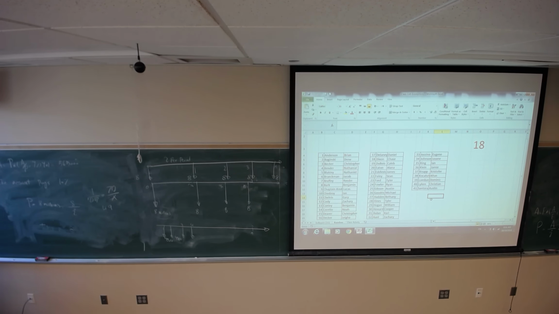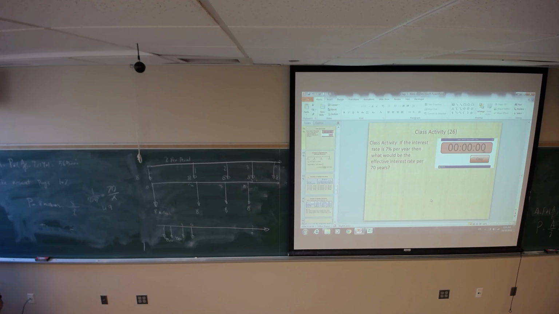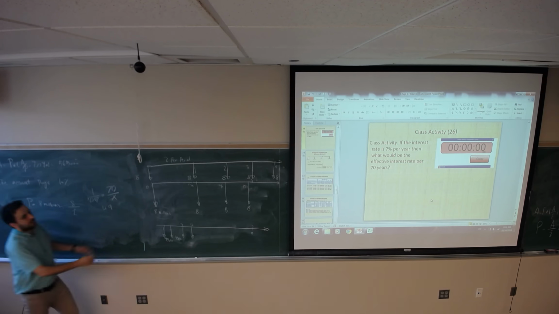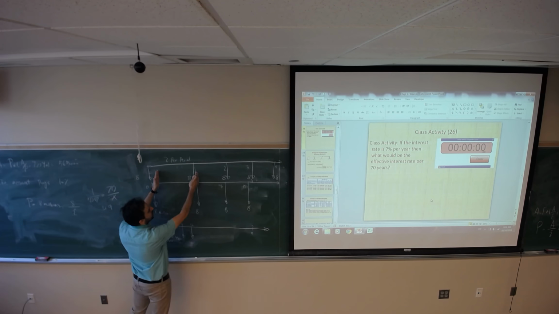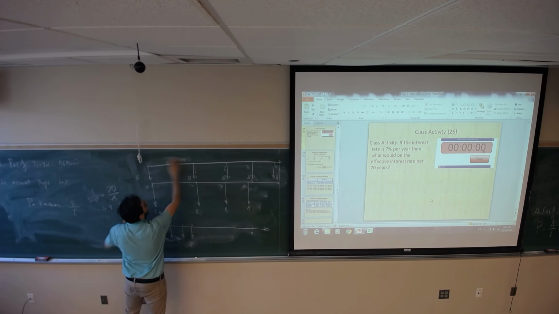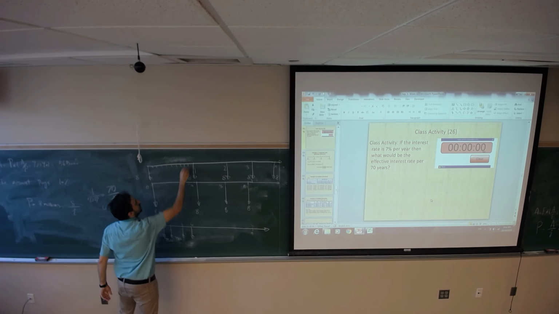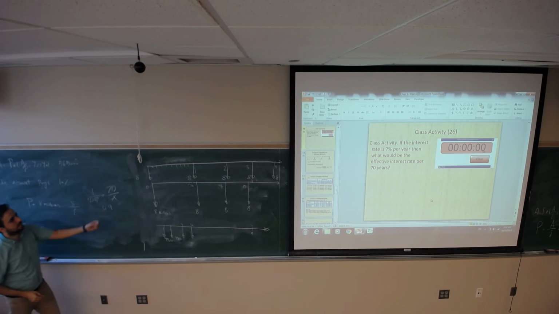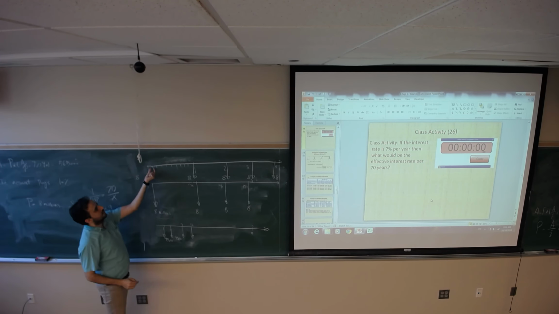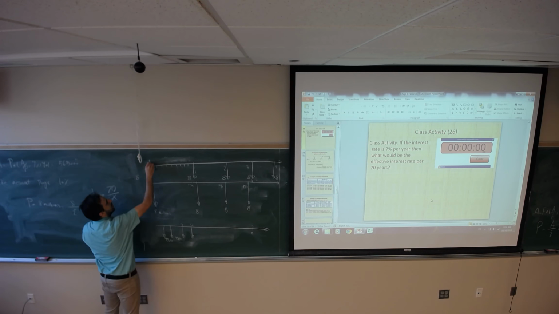Do you remember the effective interest rate equation? Suppose this is 1 and you divide this into 70 segments. I know that the interest rate per each segment is 7%.